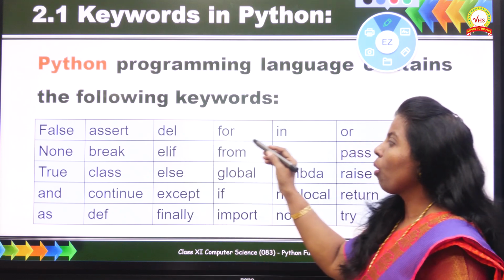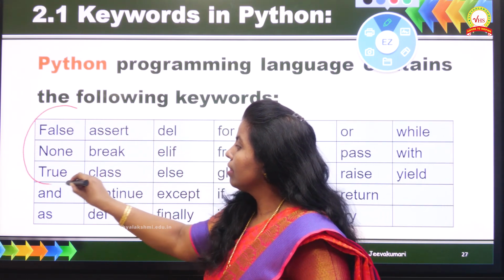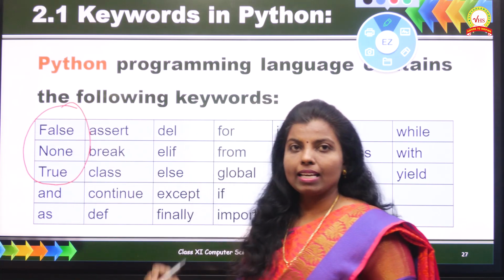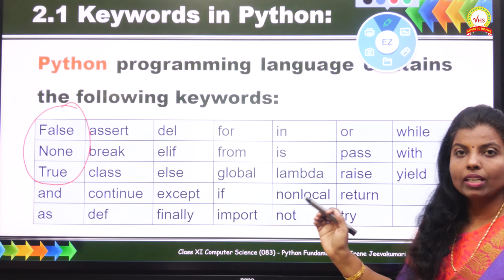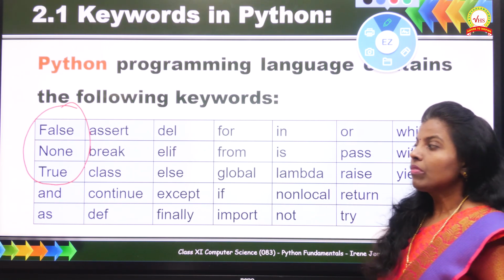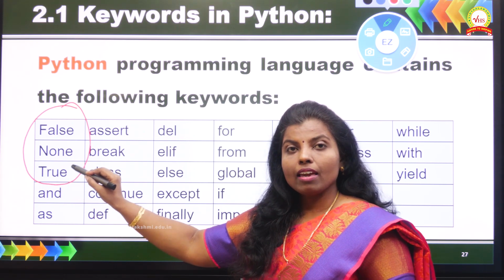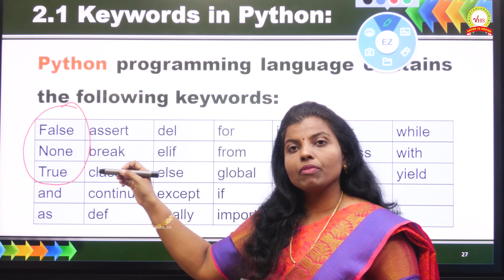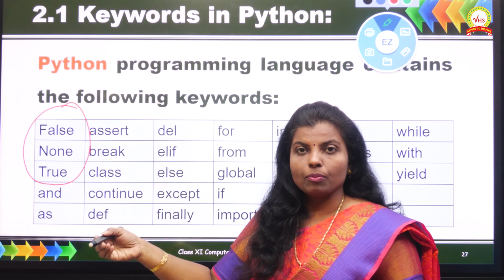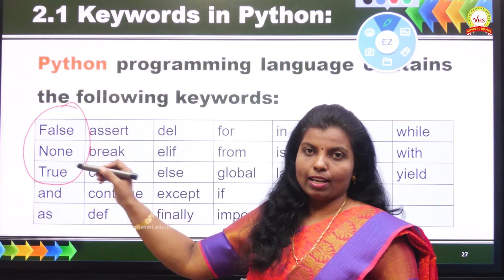If you go through all these keywords, only these three begin with uppercase letters, and all the other keywords are in lowercase letters only. So the keywords False, None and True begin with capital letters, because when we use these keywords in the program, they have to be used in the same way as given here.